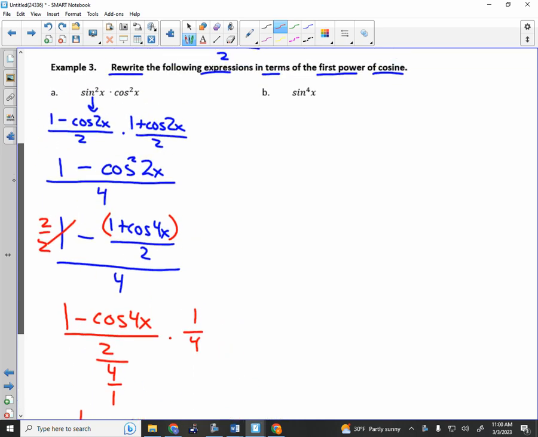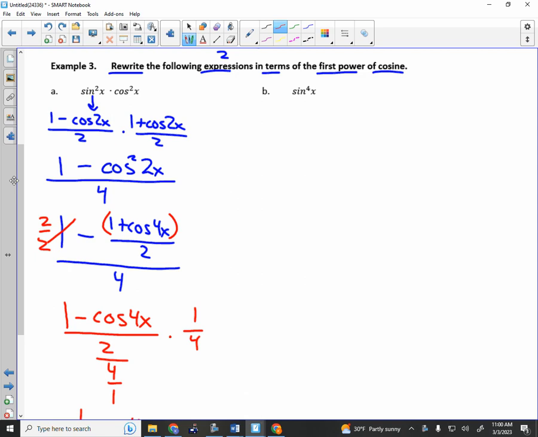And the last one we do for today is sine to the 4th of x. Let's try to think about this together. Anybody know what I should do first to try to work with this? And I'm going to tell you, I do not start by substituting this in. Anybody know what the first step is?